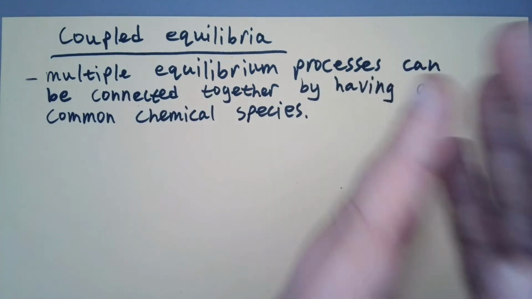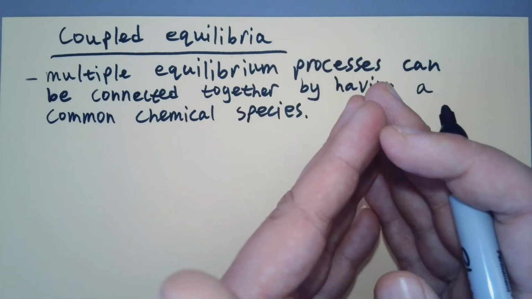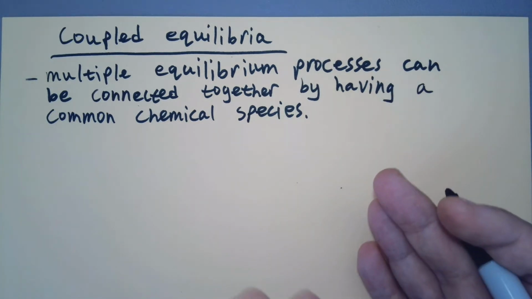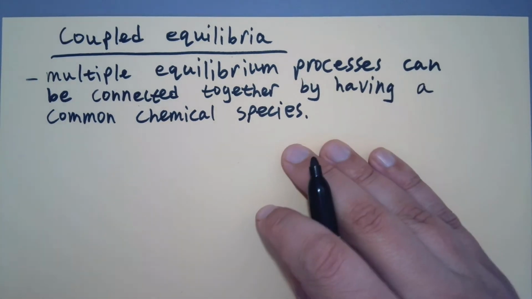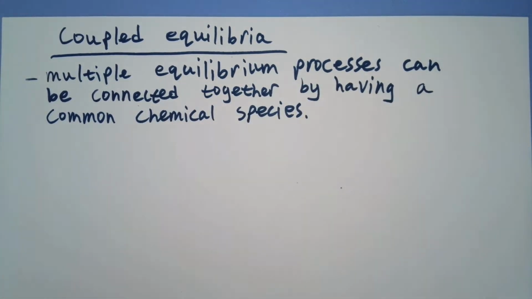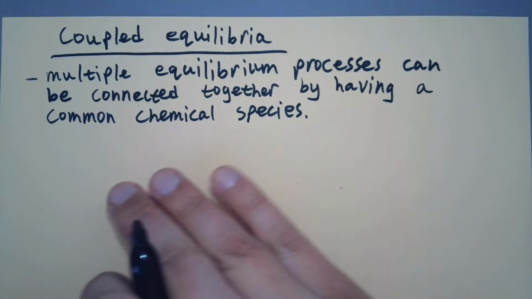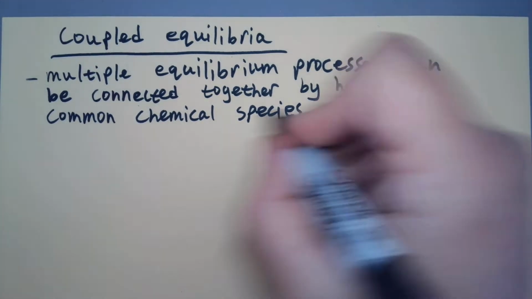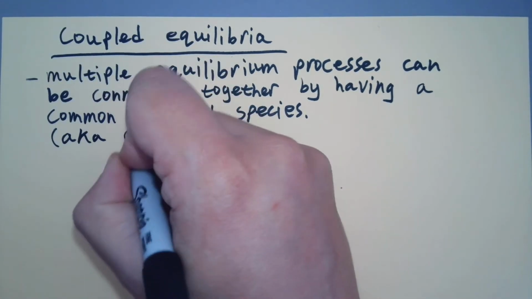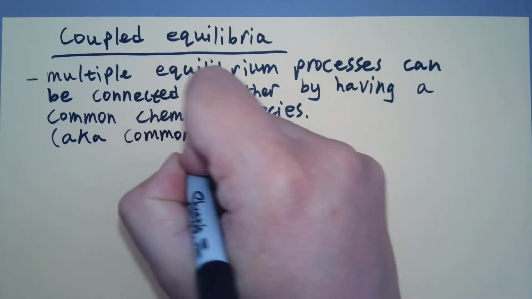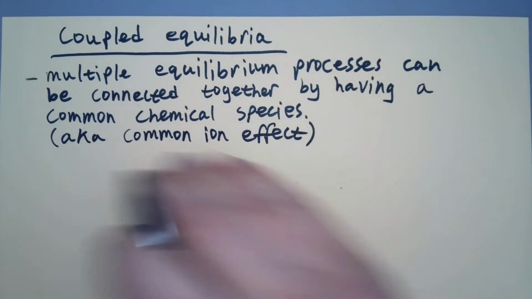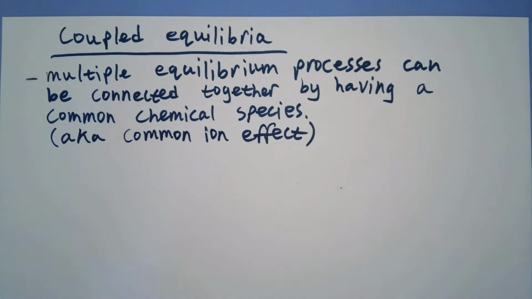That would create more H plus in solution, or H3O plus. And then that would affect the KW equilibrium, and OH minus would go down. So, those were coupled equilibria. It was just there silently the whole time. And this is also known as a common ion effect, or another example of the common ion effect. So the common ion effect will also occur in buffers, stuff like that.